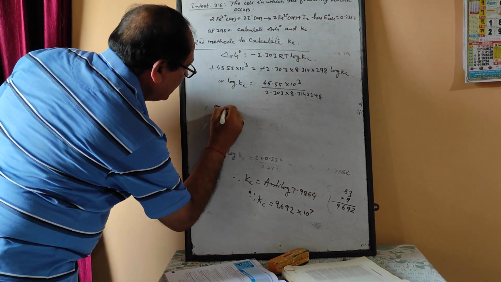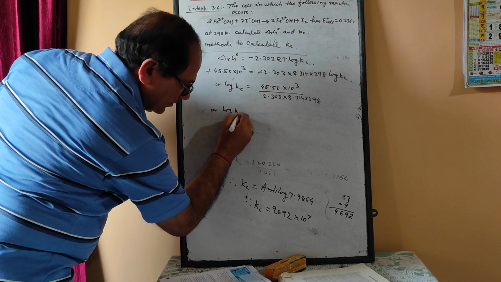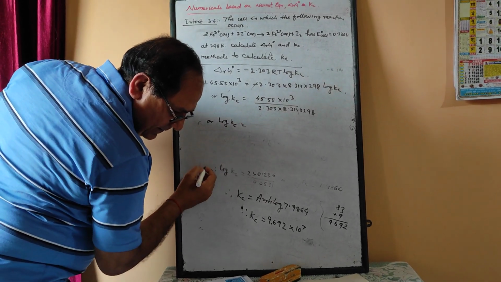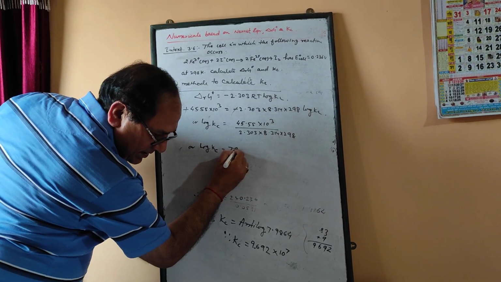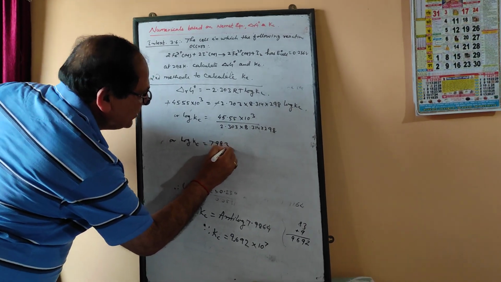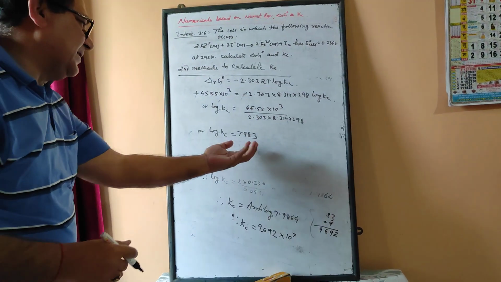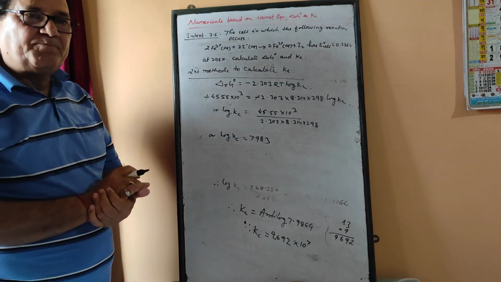Or log Kc is equal to 7.983. Just calculate and you get the value of log Kc.